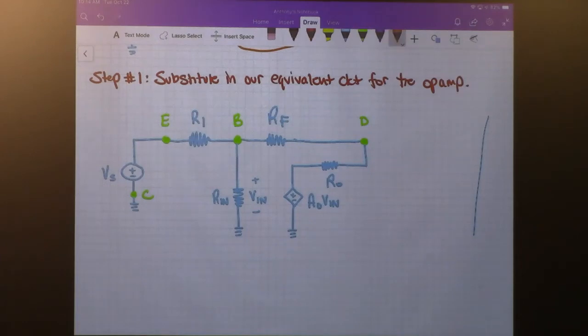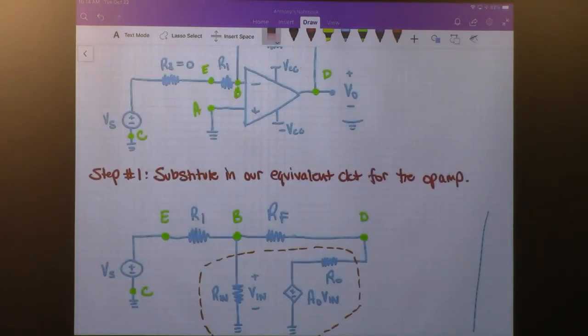All right, so all this in here is the op-amp, and that's captured in there.